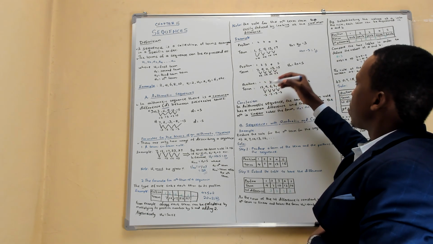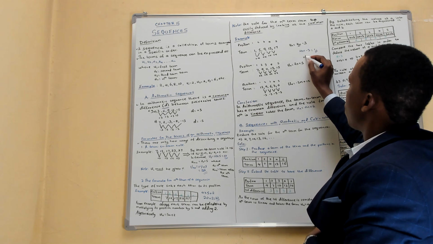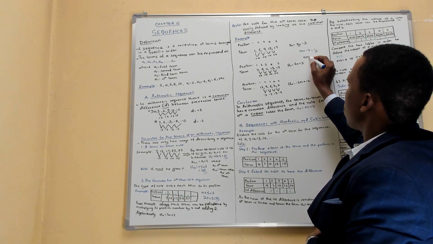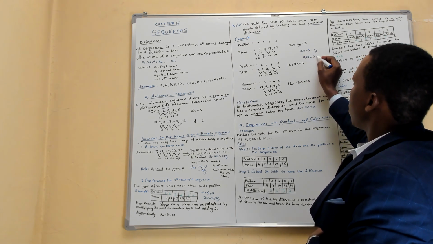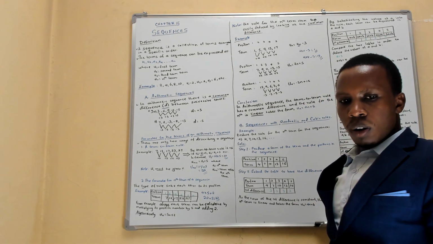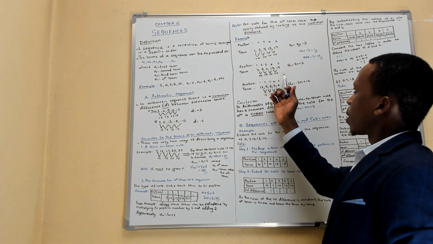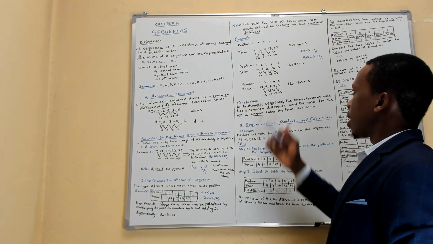The same applies to any other value. If I would want to get this 13, I just take 4 times 4 minus 3, which is still 13. All this will still apply to this second example and this third example.